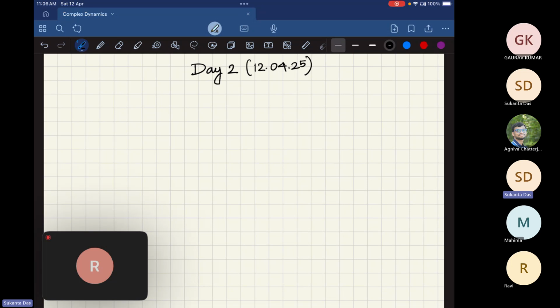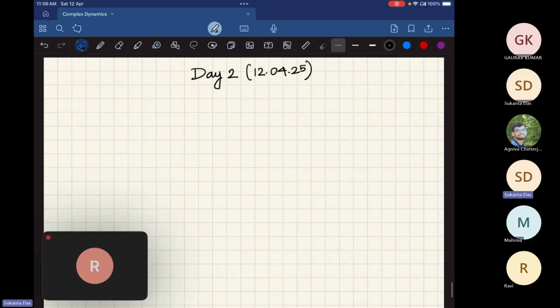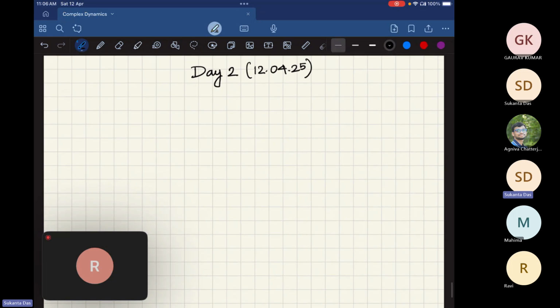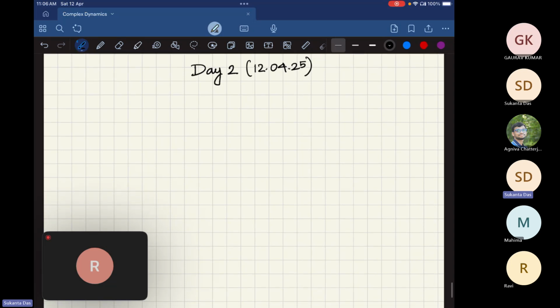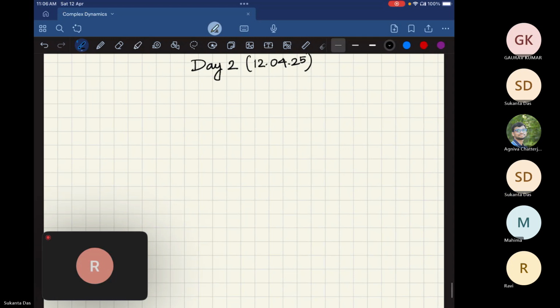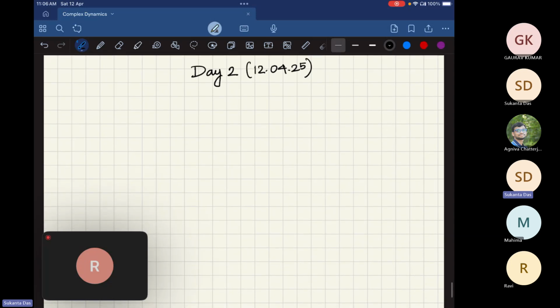So today's talk will be basically on rational functions, in particular polynomials, and we'll see how the iteration of polynomials depends on the critical value, or I can say critical point, of the polynomial.